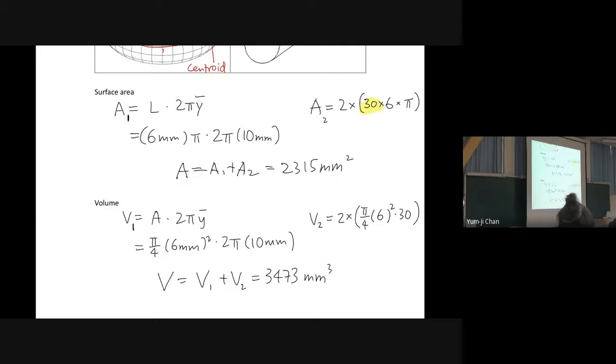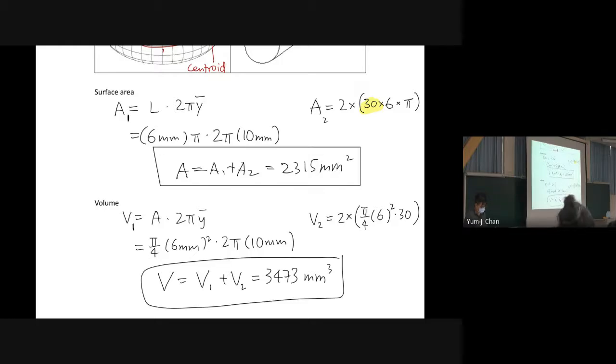These are the two answers we need in this question. And this is the whole of chapter 5 that I want to discuss.